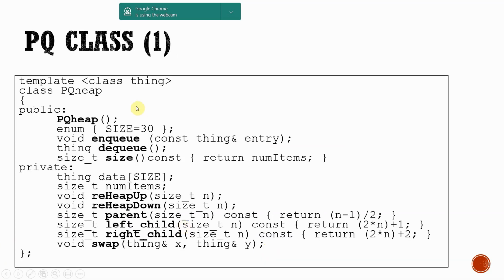Here you see an implementation of a priority queue class using a heap. You see some of the member functions that we have, like constructor, enqueue, dequeue, finding the size. Here, size_t, if you're not familiar with this one, is basically similar to int.